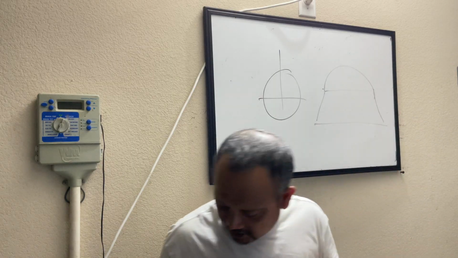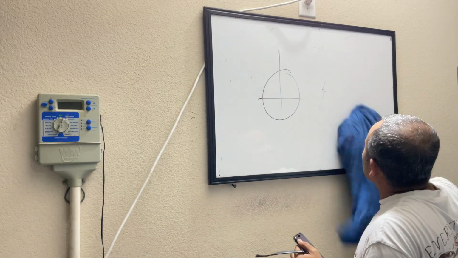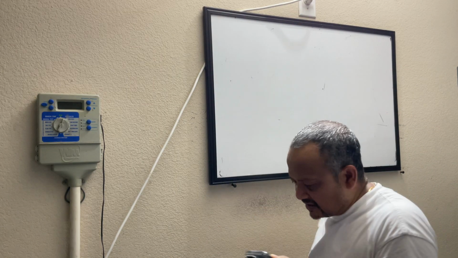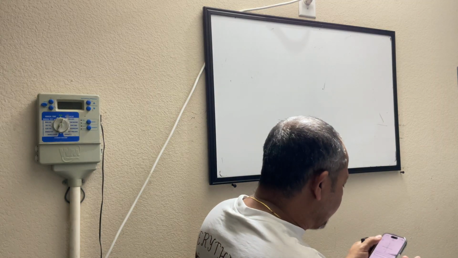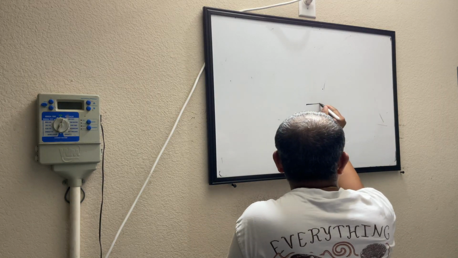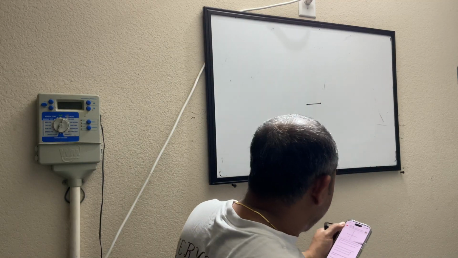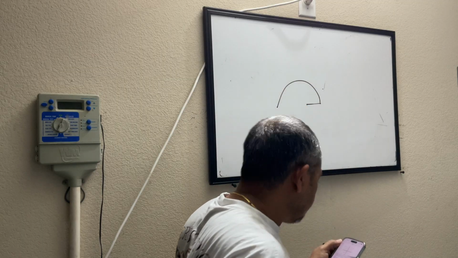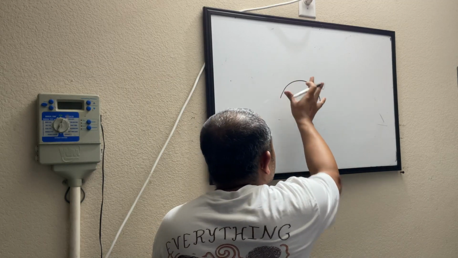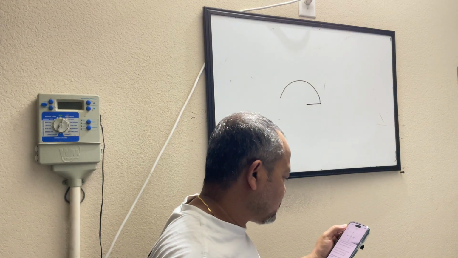So this is a word problem, okay? It says Jessica states that she will move the point horizontally 1 to the right, and then rotate 5 pi over 6.